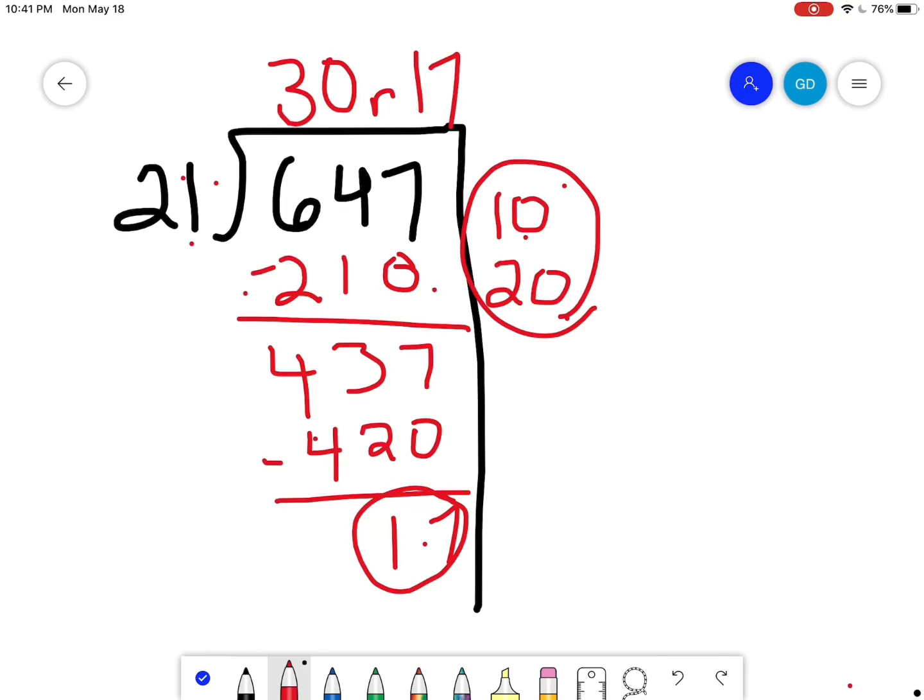Okay, and again, if I want to check my work, I can always check: is 30 times 21 going to get me close to 647 plus that remainder? Let's have a look. 21 times 30.